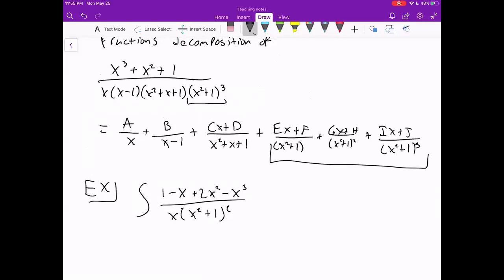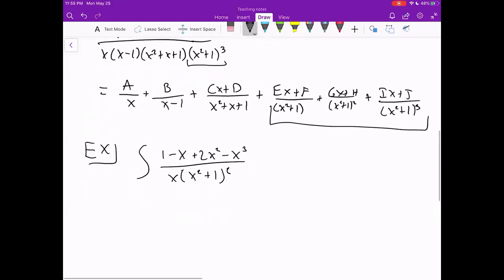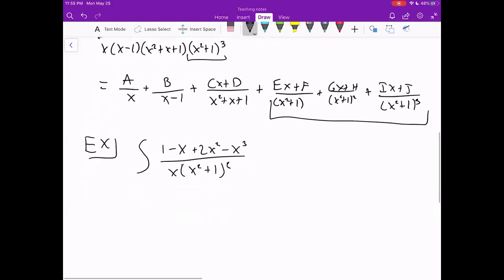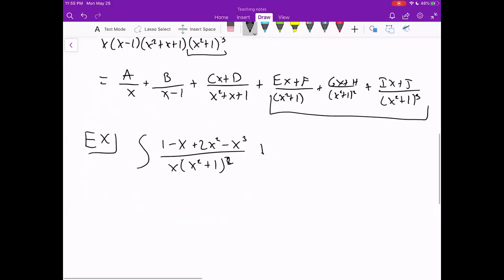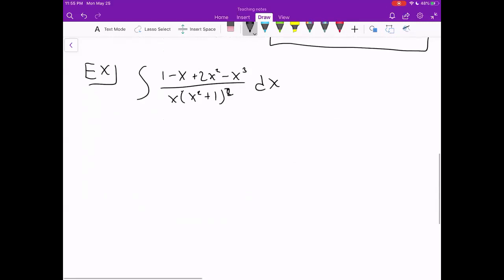The degree of the denominator there is 10, and the numerator was 3. In this one, the degree of the denominator is 4 plus 1, which is 5. So we're good there, and we can jump right into partial fractions.